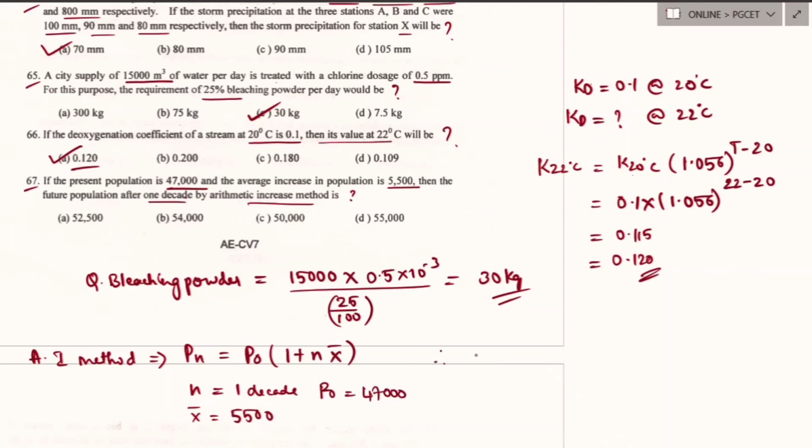By substituting these values, the population after one decade is 47,000 multiplied by 1 plus n is 1 decade and x bar is 5,500. Therefore, the population after one decade will be 52,500.